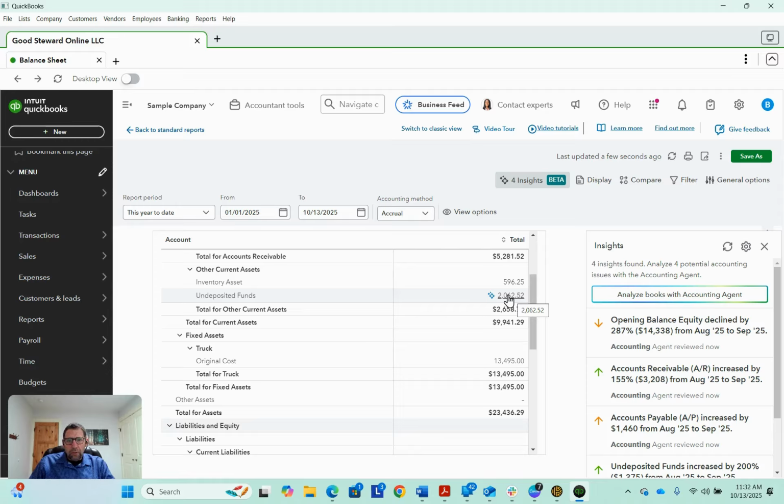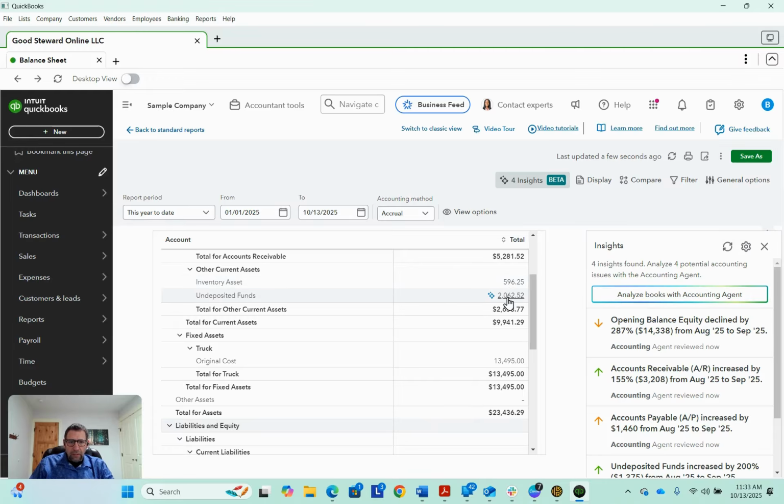So this is showing that your company has another $2,062.52 in this scenario. That's an asset of the company, even though it's not located in the bank. But if you did go to the bank and you made that deposit, but you haven't matched those transactions, now you have doubled the amount of that asset.